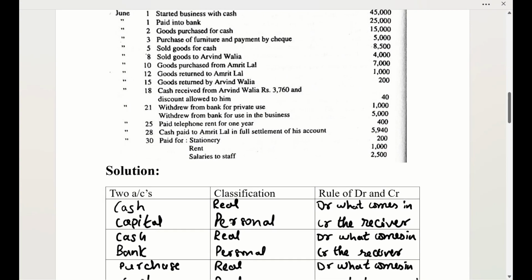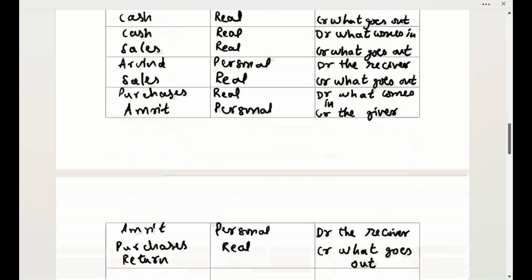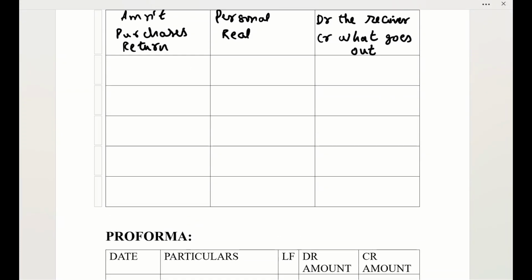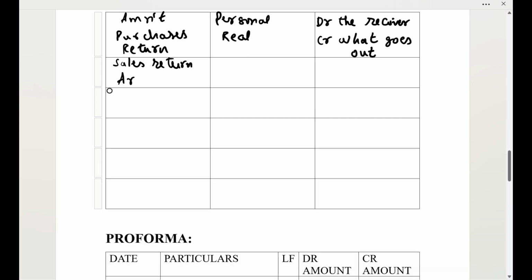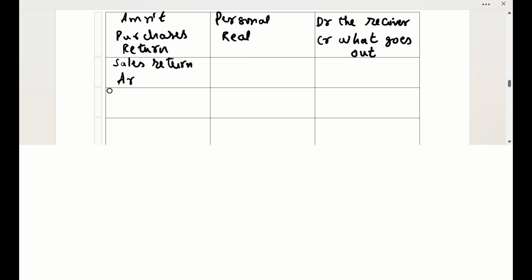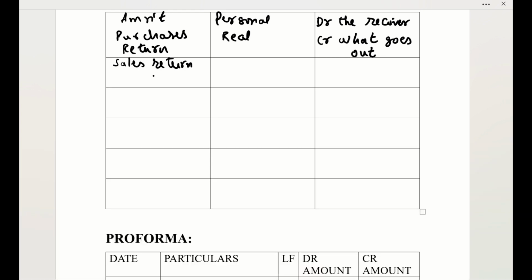Next entry we have goods returned by Arvind. In the previous entry we wrote goods returned to Amrit. So here goods returned by Arvind. It means sales return. So here we have sales return, and here we have Arvind.